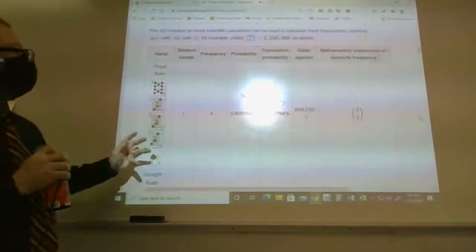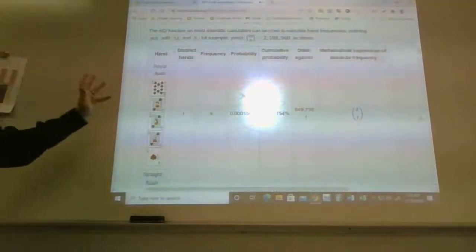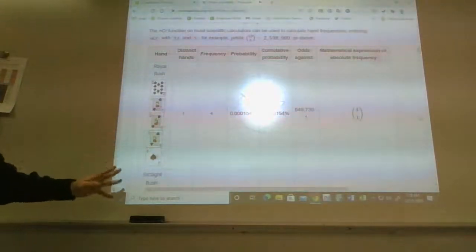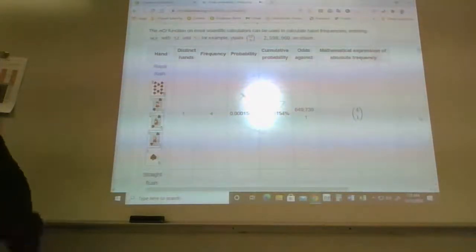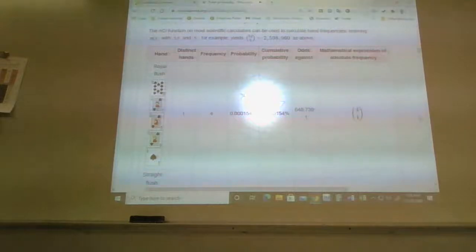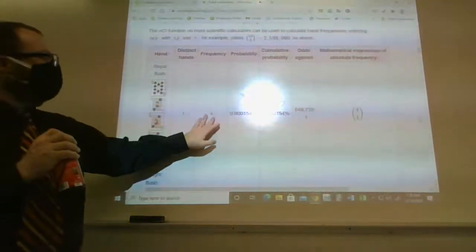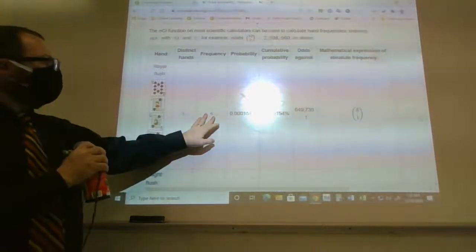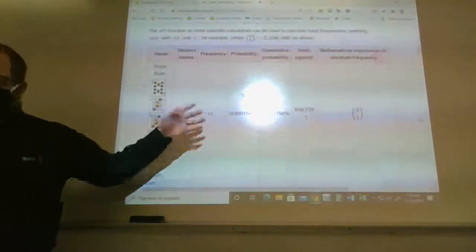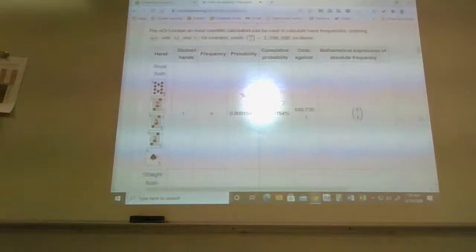Now, what's really nice about this is that they give you some very basic things. For example, the concept of a royal flush. With a royal flush, I'm looking at the frequency right here. The frequency being 4. There are 4 ways that you could potentially be dealt a royal flush. A royal flush being the ace, king, queen, jack, 10 of the same suit.